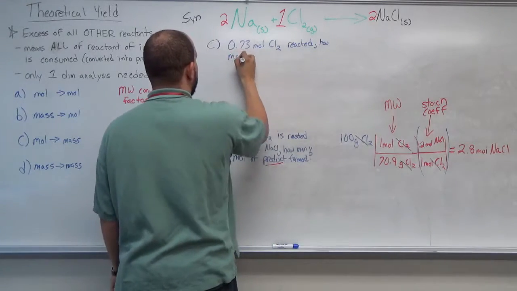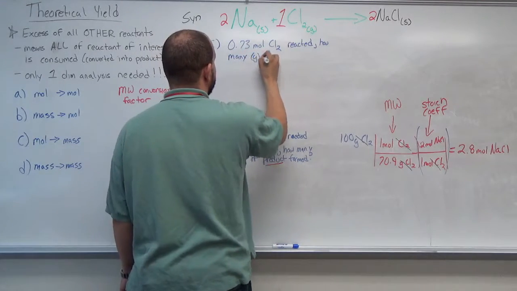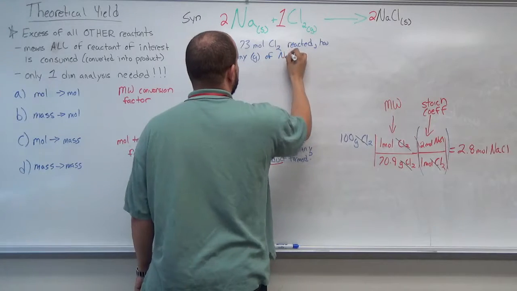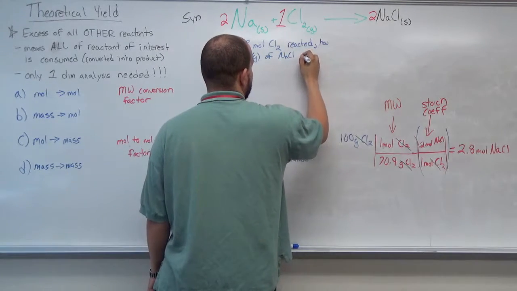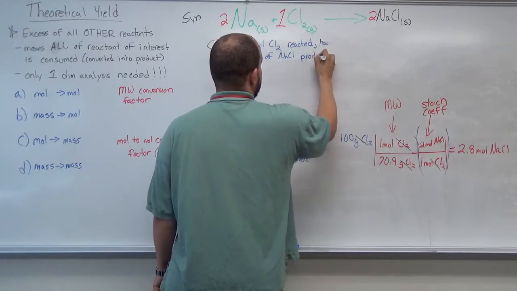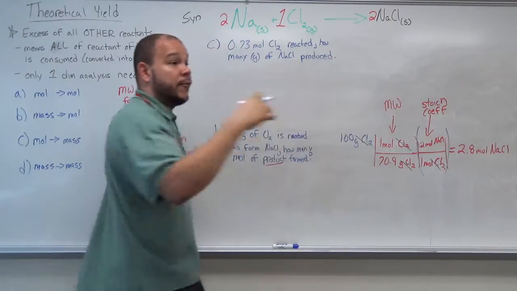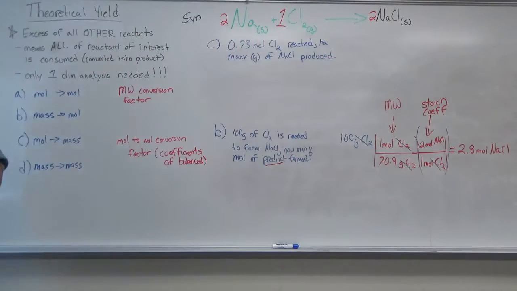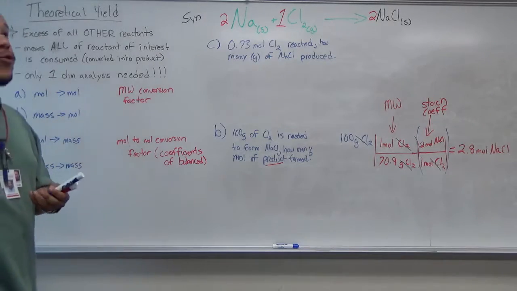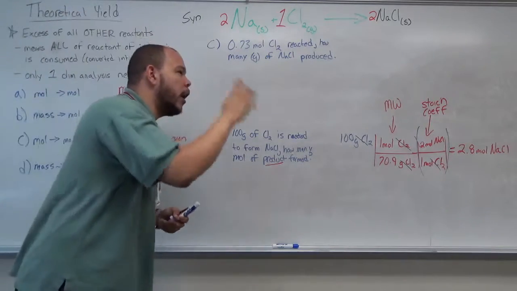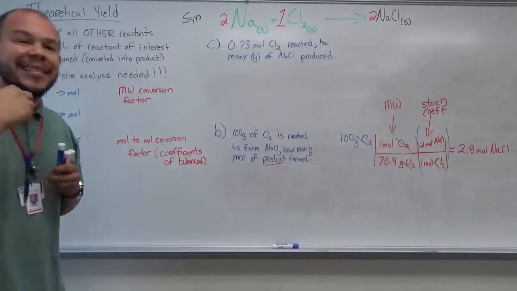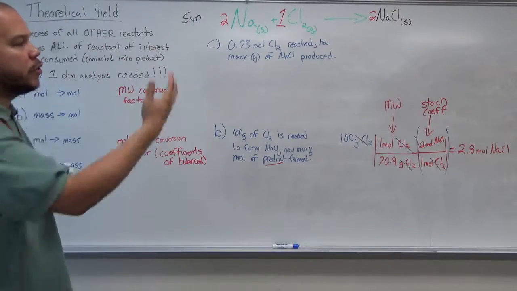How many grams of sodium chloride produced? Notice that I'm asking these in different ways each time. I'm throwing in words that are different each time. These are all trying to help you recognize what are the key words in the problem that tell us which direction we need to go.